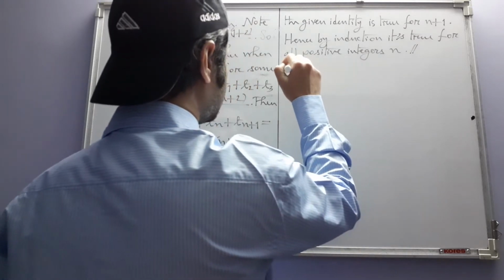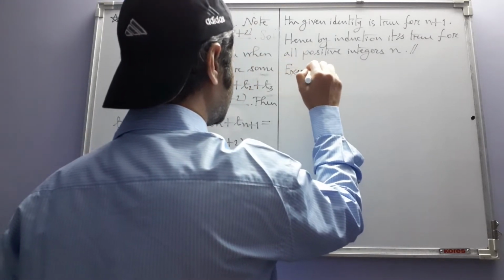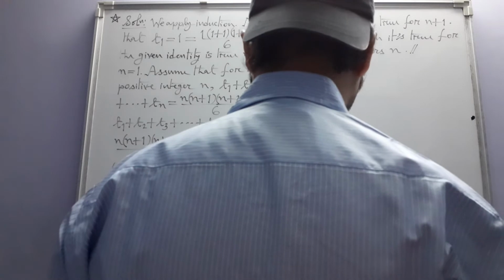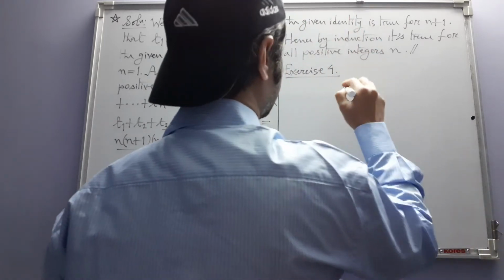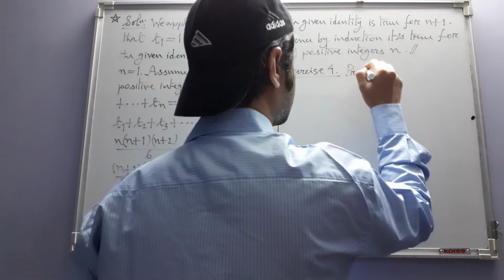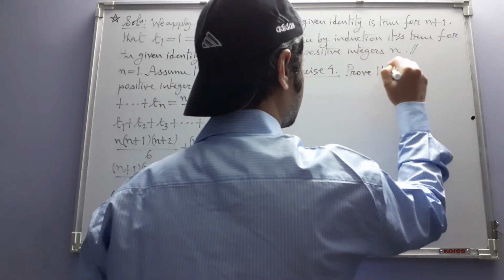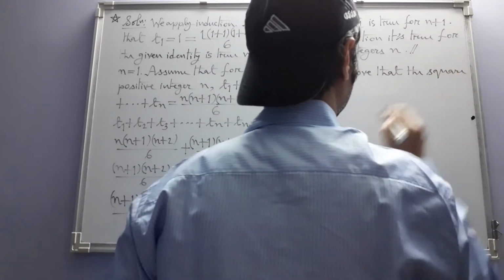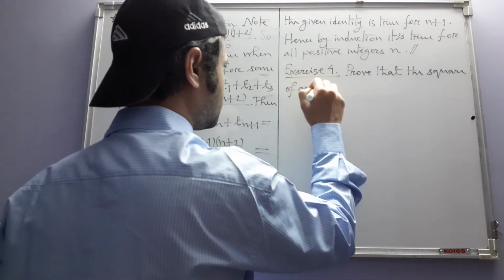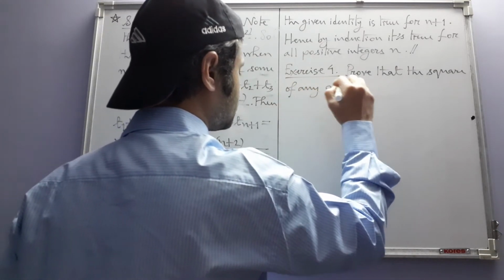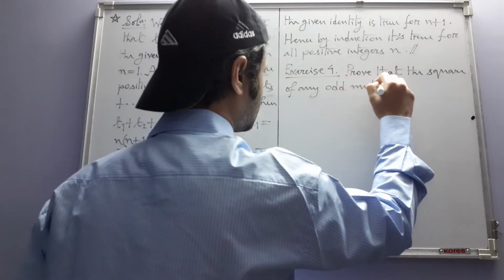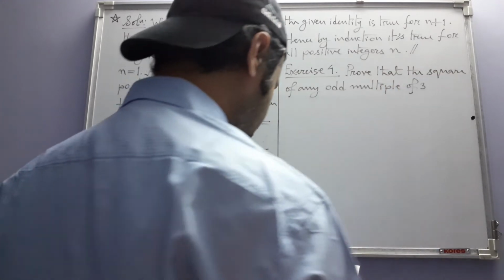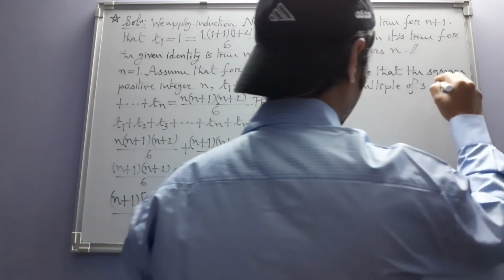Okay, then 4. Prove that the square of any odd multiple of 3 is the difference of two triangular numbers.